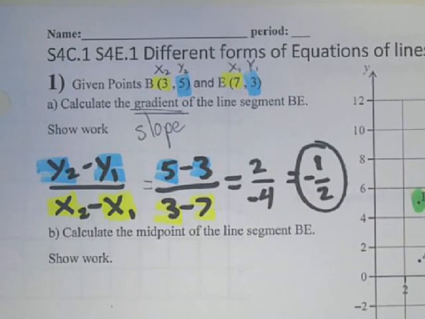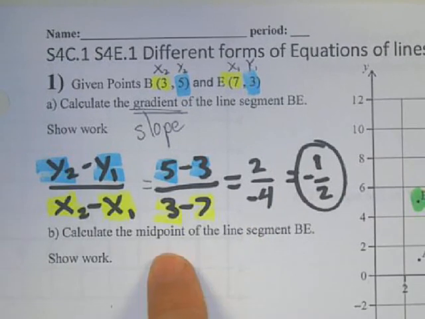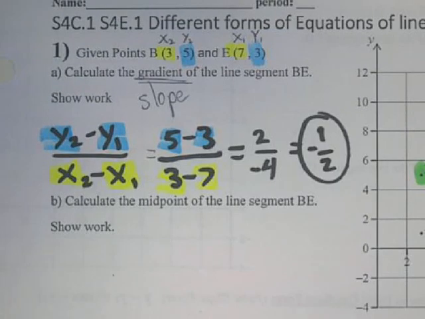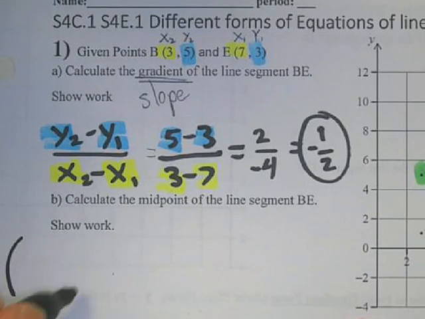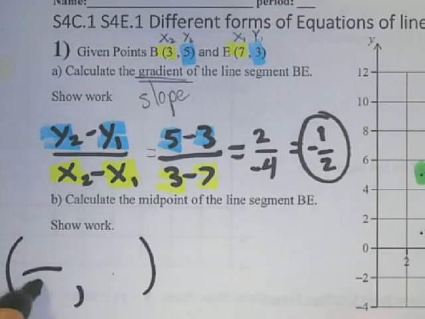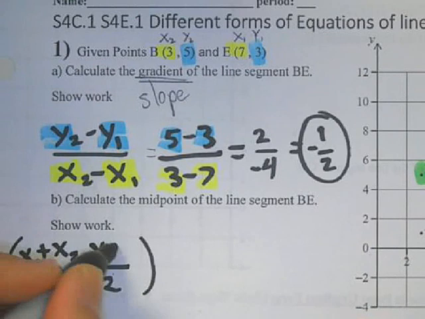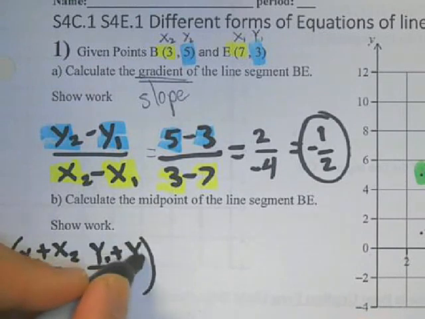Okay. Calculate the midpoint. The midpoint is when you take the average of the x values and the y values: x1 plus x2 and y1 plus y2.